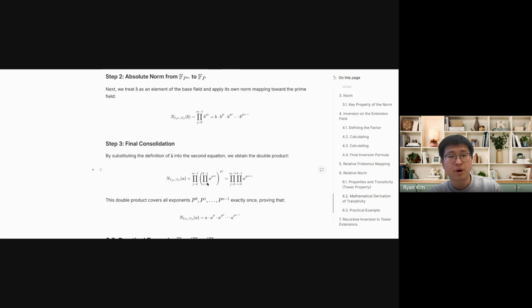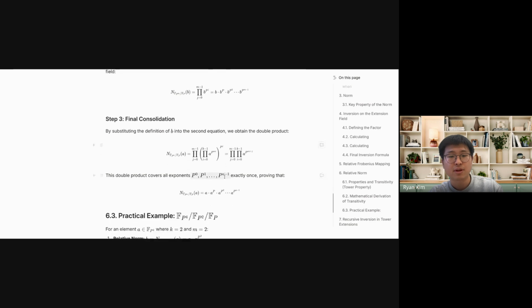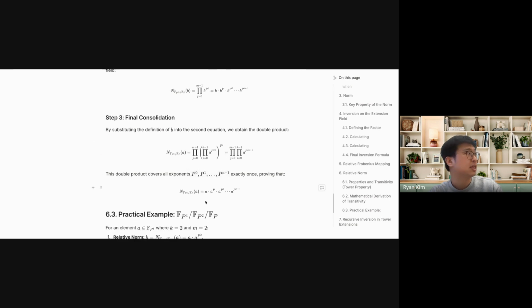And if you merge all of them, then you get this, which is the absolute norm. So this is the difference between the relative norm and the absolute norm.